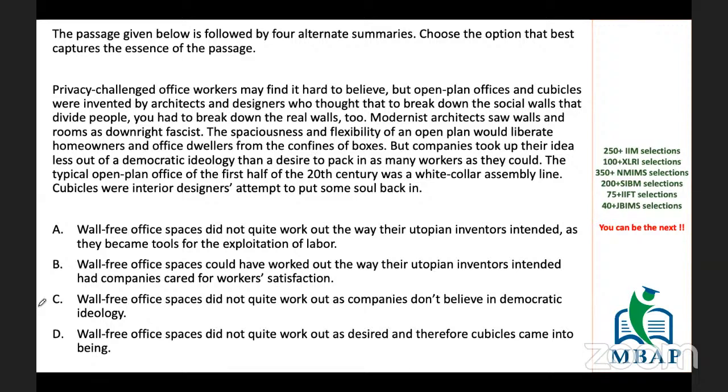If we see this part, it is talking about what the intention was behind designing these open plan offices.